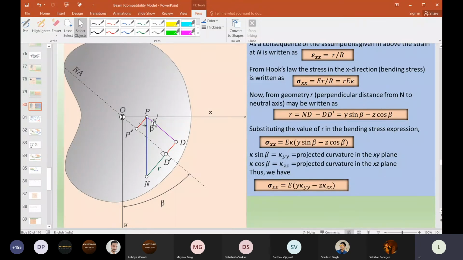Opposite side by the adjacent side, opposite side being this ND, then this being PD, then you substitute that, it is nothing but y by z, because these are the coordinates of this point.